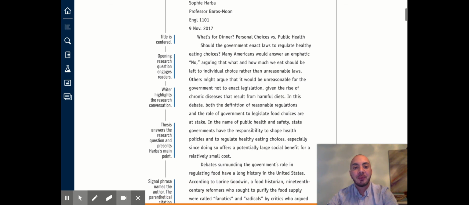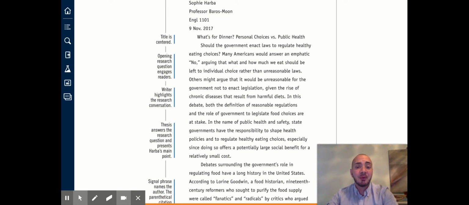Right, and here we go. We have, should the government enact laws to regulate healthy eating choices? Many Americans would answer an emphatic no, arguing that what and how much we eat should be left to individual choice rather than unreasonable laws. Others might argue that it would be unreasonable for the government to not enact legislation, given the rise of chronic diseases that result from harmful diets.